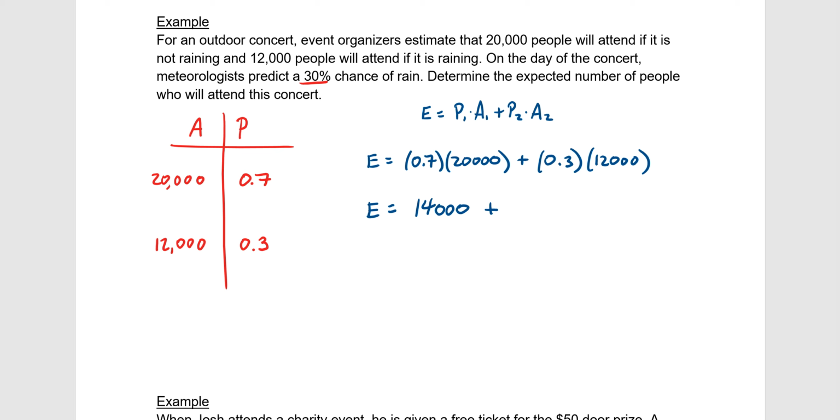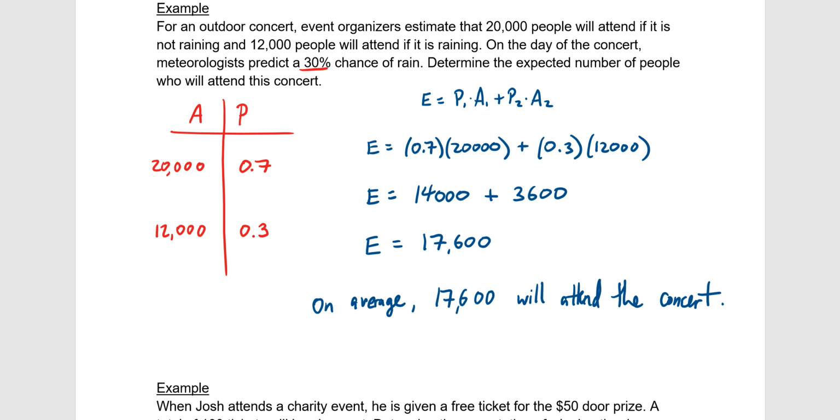Plug the second one in, we get 3,600. Add them up, and we get 17,600. So that means on average 17,600 people will attend the concert.